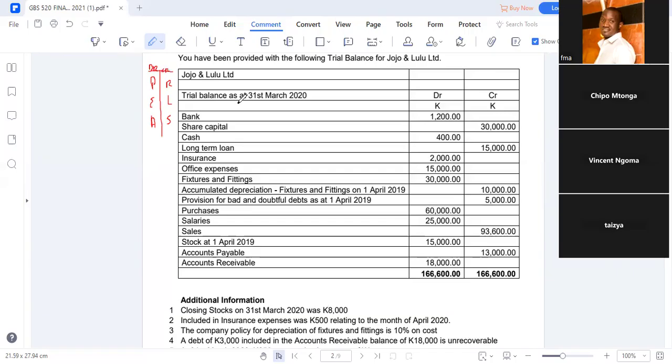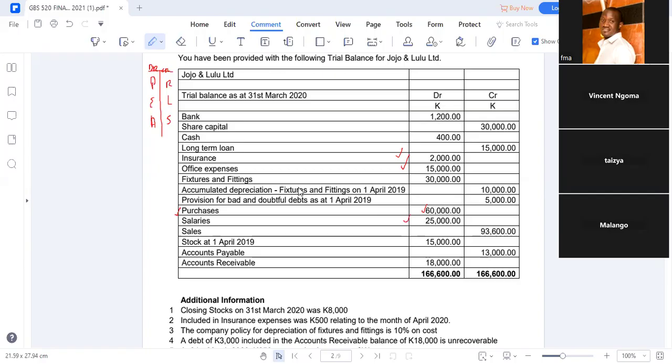So purchases always have a debit balance. So even sometimes when you're given to balance up the trial balance, know that purchases always have a debit balance. Expenses always have a debit balance. What expenses are you seeing there? We have insurance, office expenses, what else? We have salaries.